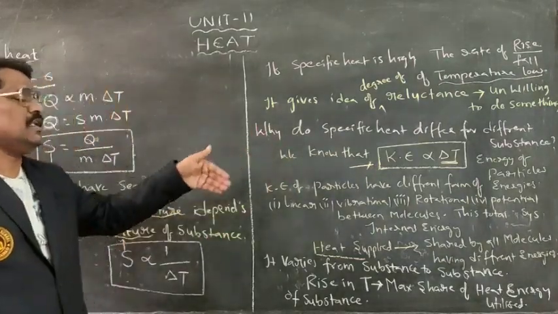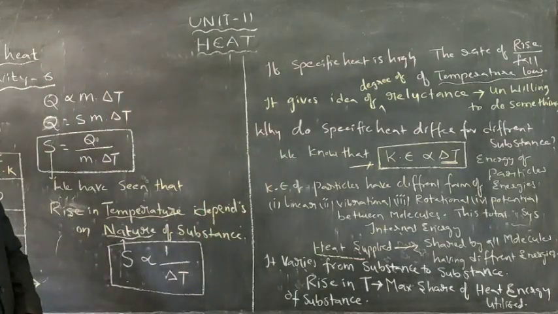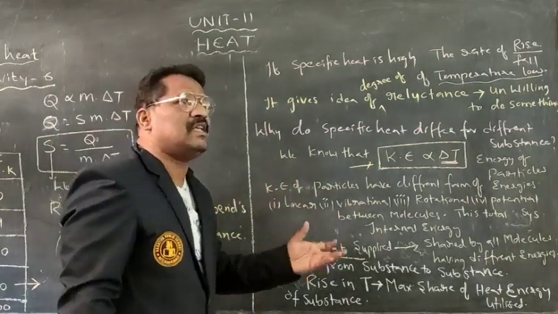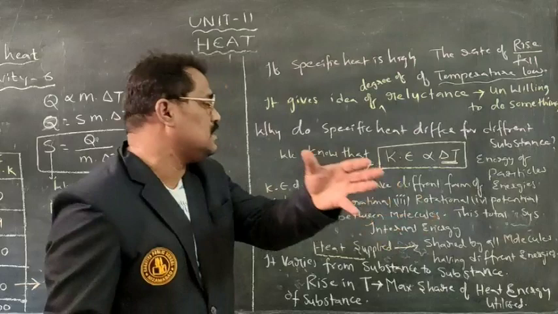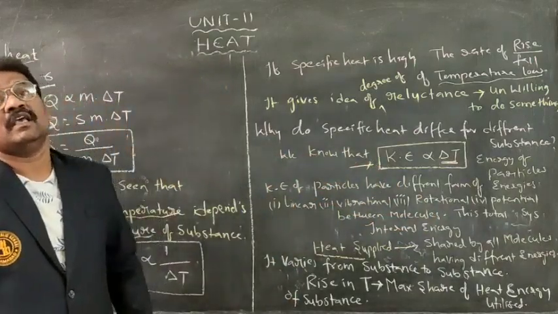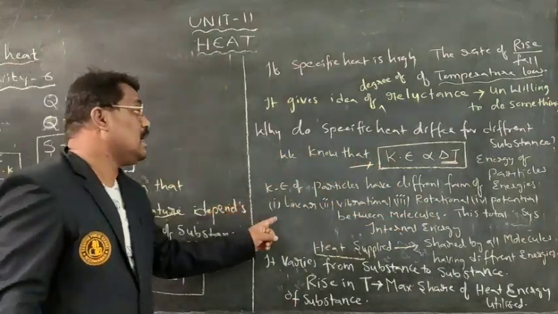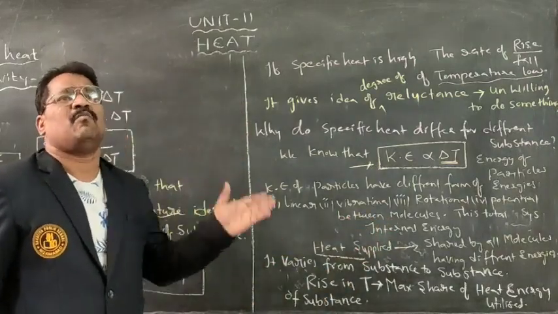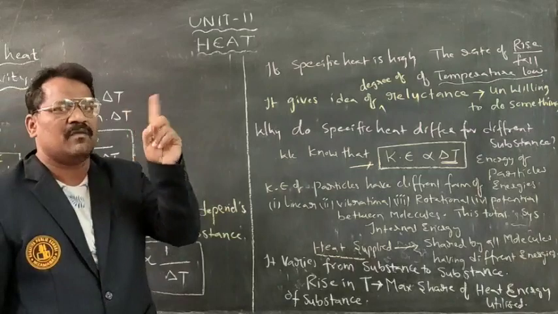So rising temperature of any substance is nothing but what? Mainly it depends upon the maximum share of heat energy utilized as linear kinetic energy. Rising temperature of a substance can be mainly identified by this one property.